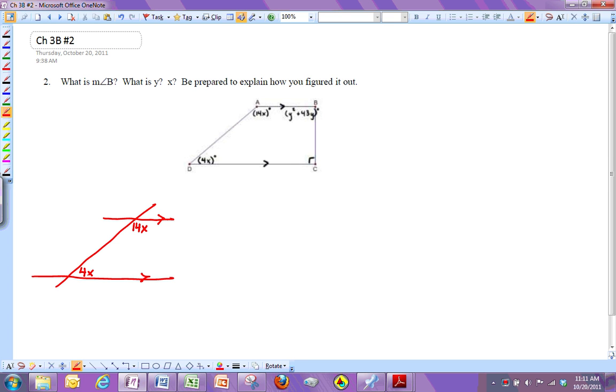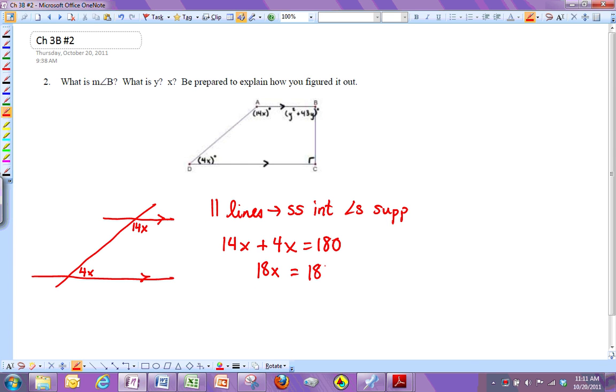Now, I already know my lines are parallel, and so these two angles right here are same side interior angles, and I know that parallel lines give me same side interior angles that are supplementary. So that means that 14x and 4x are going to have to add up to 180. Now it's just a matter of plugging in, or simplifying, and dividing by 18, and I get x equals 10.